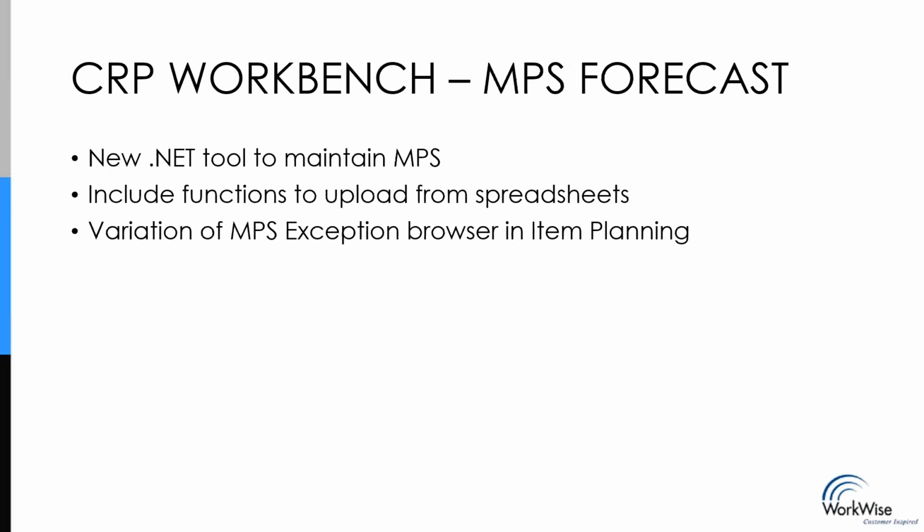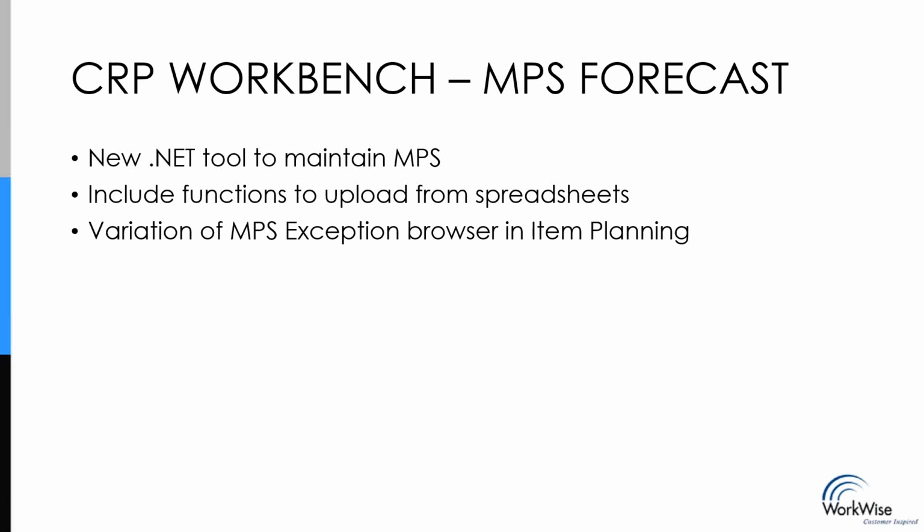I mentioned the MPS, where the forecasting can come in, be brought in from a spreadsheet, but there's also a singular tab that we'll look at, which is just for MPS items, as opposed to on our regular manufacturing workbench, where there's a tab for inventory planning, and you can look at MPS exceptions or MRP exceptions.